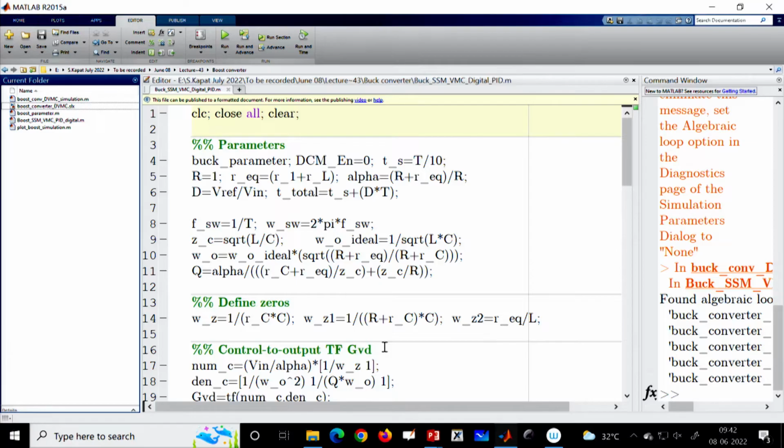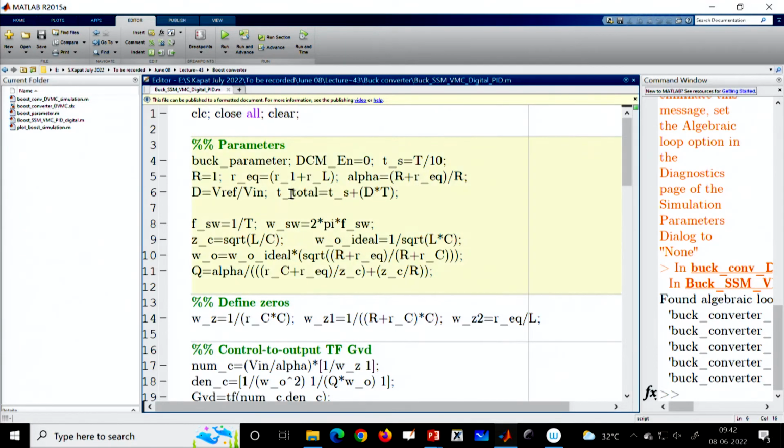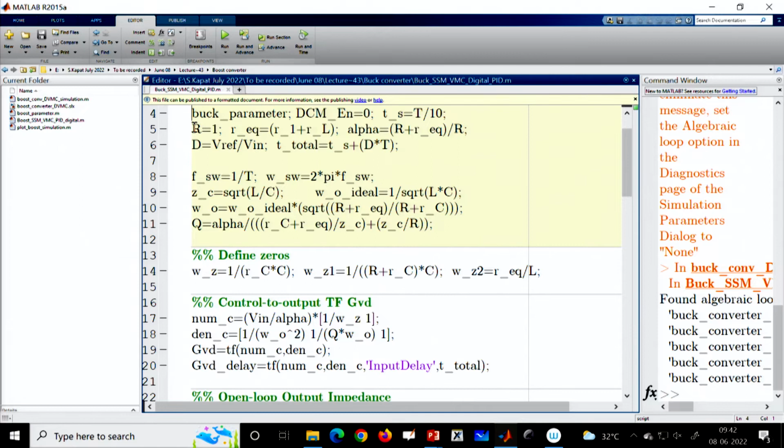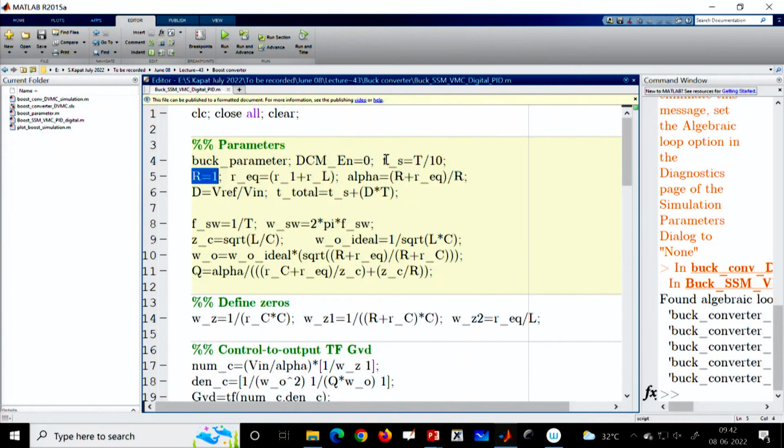Now, if we go to a MATLAB case study, I am showing a buck converter case study, and here again we have the power stage parameters, and the initial load resistance R1 is 1. We have considered the delay due to ADC conversion as T by 10, and all these things we discussed in lecture number, I think, 35 and 36, where we validated the model.